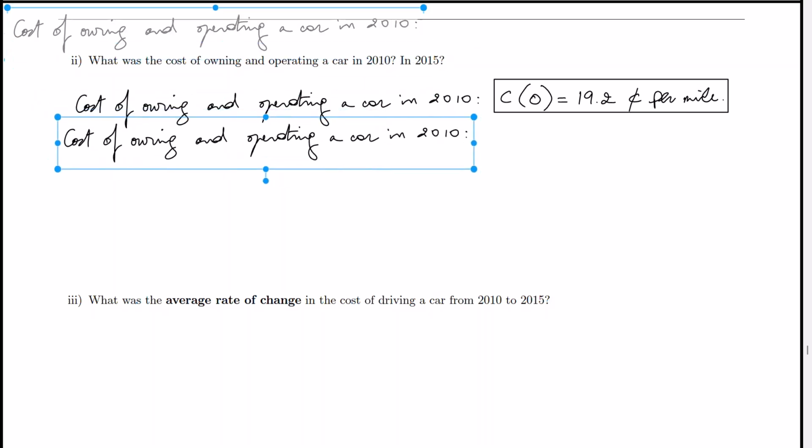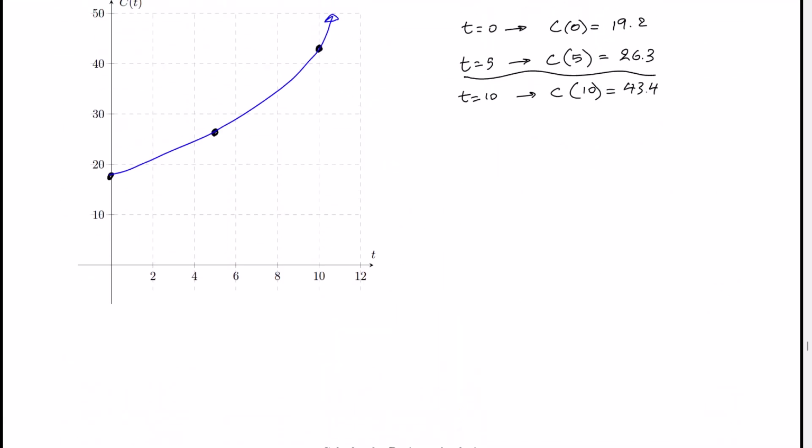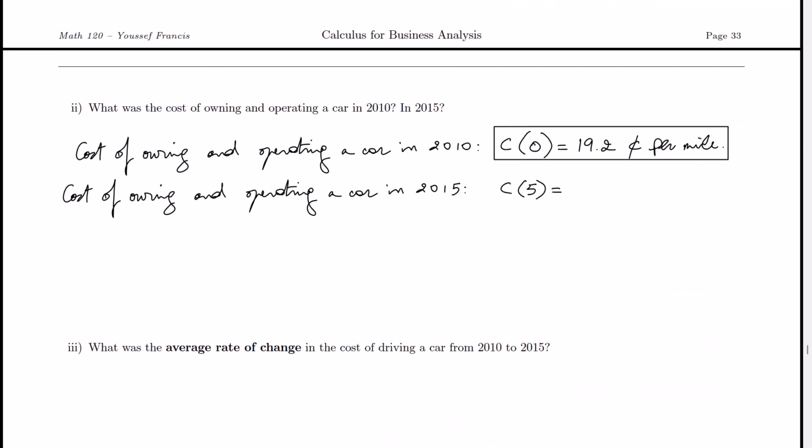I'm going to say that the cost of operating the vehicle in 2015 is C of some number, and in this case, 2015 is 5 years after 2010, and remember 2010 is our initial starting point. We know that the cost of operating the vehicle at C of 5, when time is 5, was 26.3. So I'm just going to write 26.3, and again, the unit is cents per mile. And that is the end of this second part of the problem.